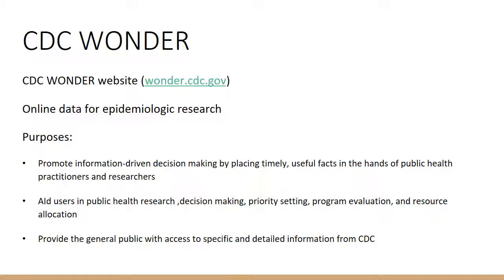It helps aid us in research, decision making, priority setting, program evaluations. If you haven't taken that class already, you'll take a class about program evaluation, and this is a great place to go, as well as resource allocation. And it also provides the general public with specific and detailed information from CDC. So maybe this is a source you might want to refer people to if they want more information when you're giving a presentation.